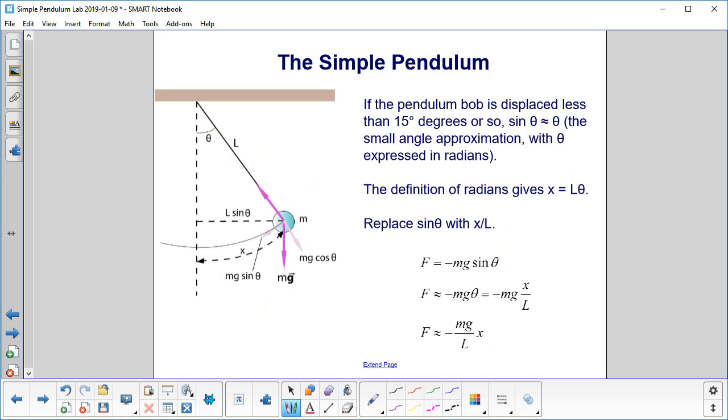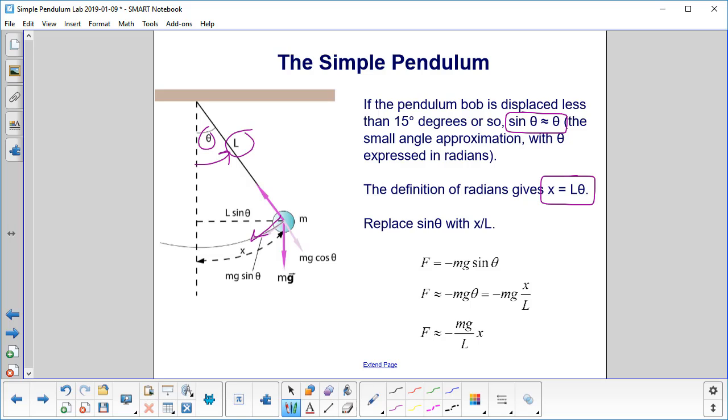If the pendulum bob is only displaced by an angle up to 15 degrees, this is a true relationship. We call that the small angular approximation. The next thing we do is use the definition of radians, again a little above the algebra-based physics course, but we know that x is equal to L theta. There's L, there's theta, and x is how much you've displaced it, how much it's moving.